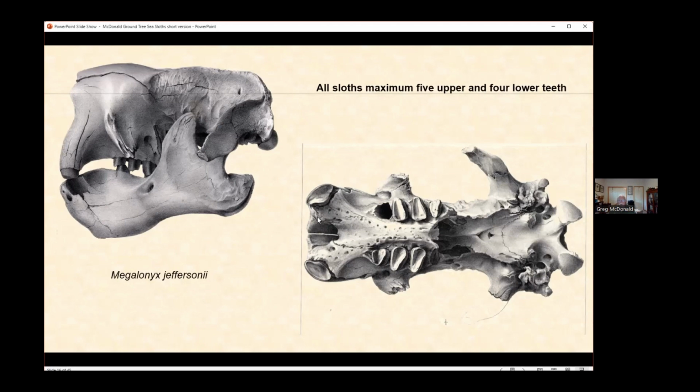But we can definitely say that there are no incisors either in the jaw or in the skull, so these have to be possibly a canine, maybe premolars and molars. That's still something that needs to be worked out. Hopefully, in some of the earliest records of sloths we'll find far enough back where we can actually get some with maybe more than 5/4 teeth, but that's not the case today in terms of our knowledge of the fossil record.